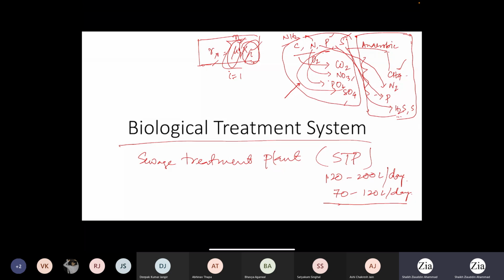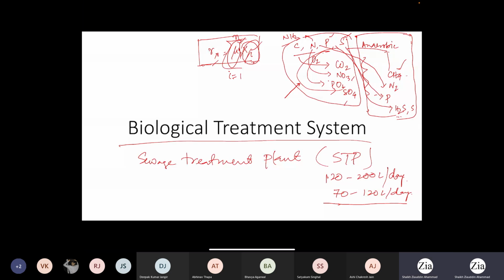So you need to know what kind of population you are targeting to build this treatment plant.